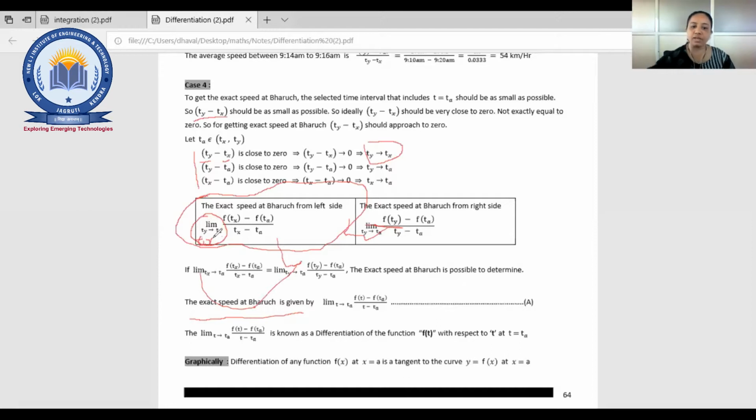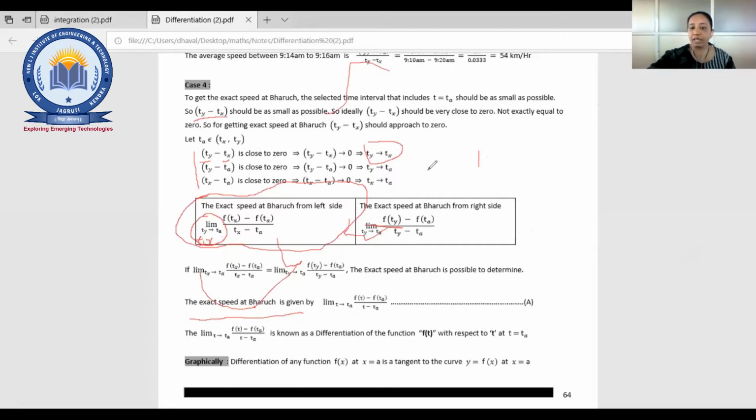So what is the meaning of that? Any point is given to you, right? You can go from the left side and the right side both. Or if you are not clear with this concept, suppose assume that I want to go to 1. I want the value 1.